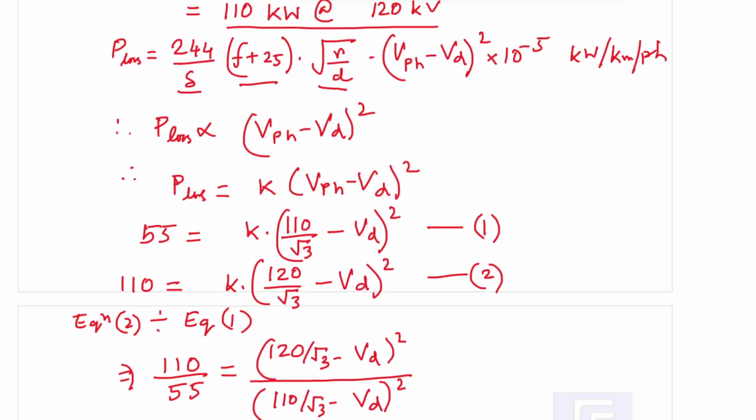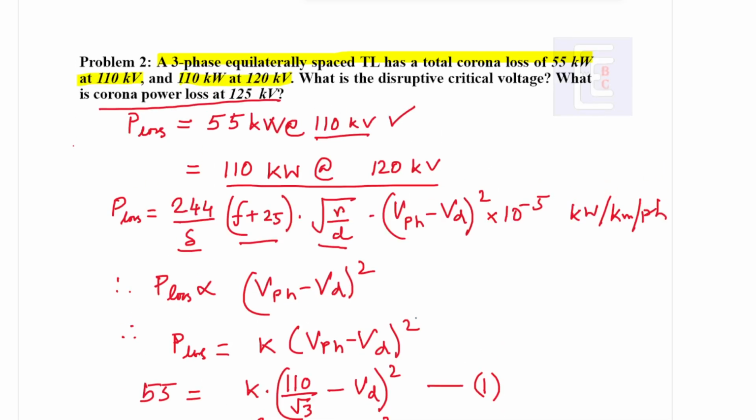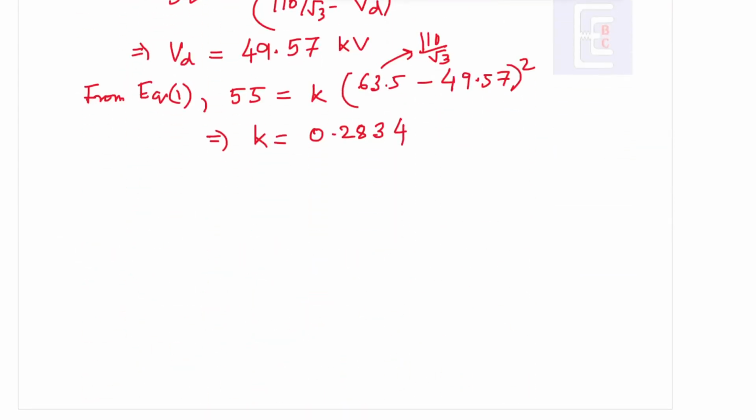Finally, we will solve the final part, which is what will be the corona power loss at 125 kV. So power loss at 125 kV is equal to, you know, K is 0.2834.